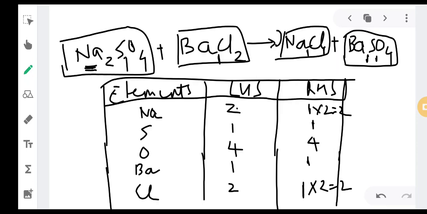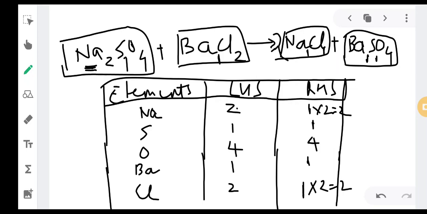If you put 2 over here on the right hand side, why? Because there are already 2 atoms of sodium on the left hand side, and we have to make the right hand side equal. So to make the right hand side equal, we should multiply by 2 on the right hand side.